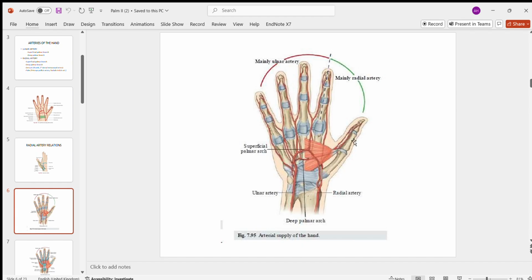In this picture, we can see that the main supply of the medial aspect of the hand is by the superficial palmar arch, which is formed by the ulnar artery, and the main supply on the lateral aspect is by the radial artery, which is forming the deep palmar arch.